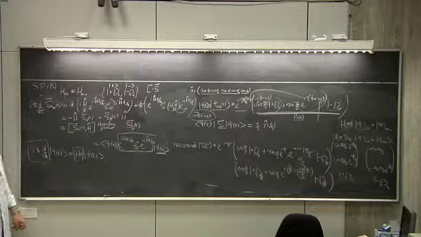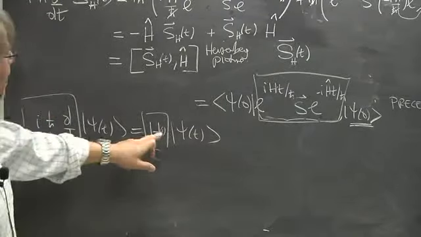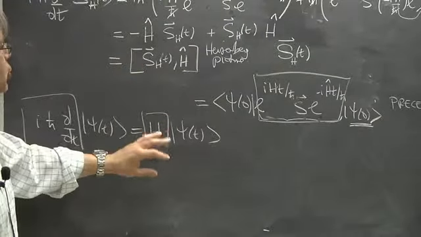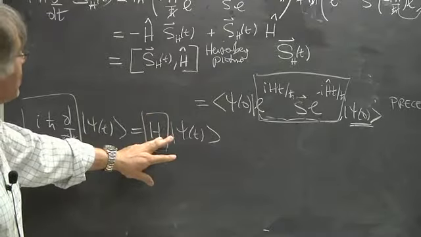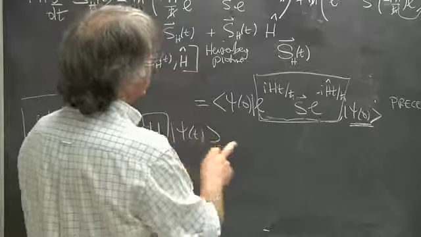So this is the equation that I have derived in the case where H doesn't depend on t, but it applies also with small changes to the case where H depends on t, and for the case when the operator doesn't depend on time.